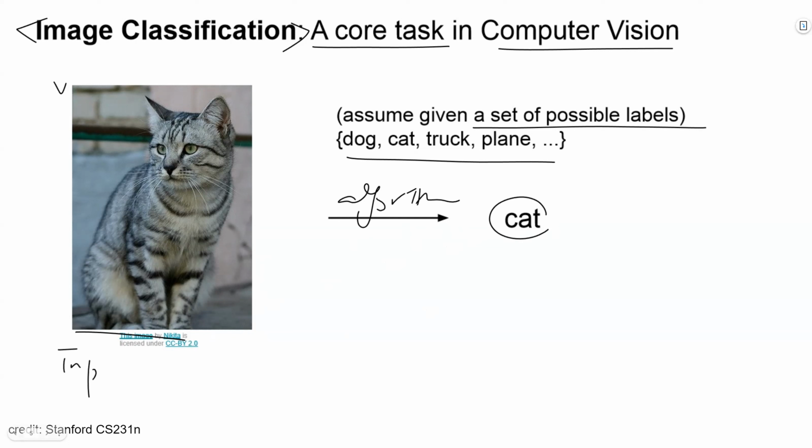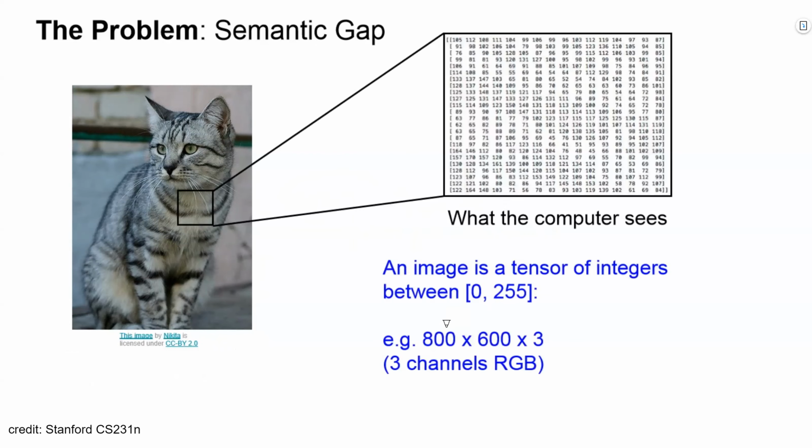So this is the task of image classification. In summary, the input is an image containing an entity, and the output is one label. However, this image classification task is quite challenging and difficult to solve because, unlike humans, computers see different things.